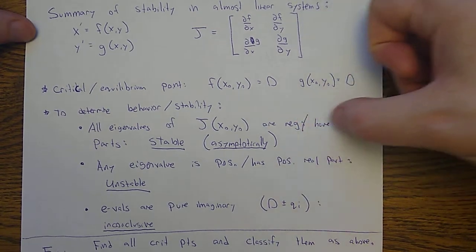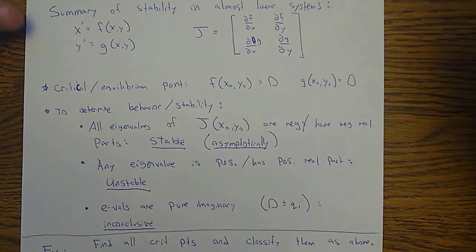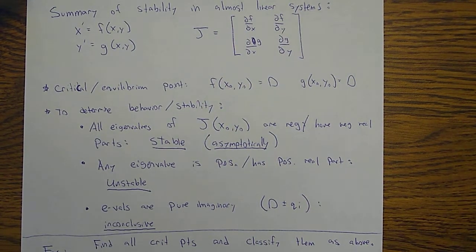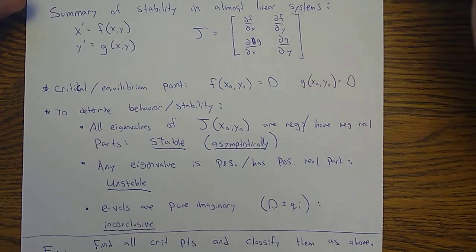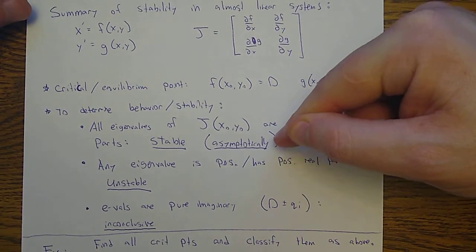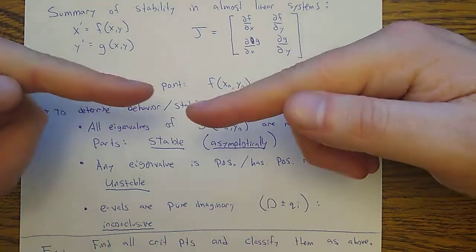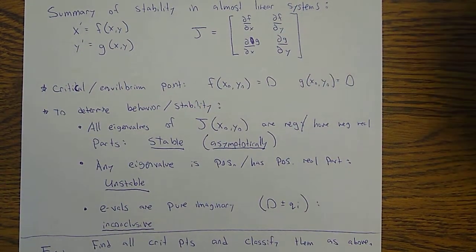If they're all negative or they have negative real parts, then we say the critical point is stable. Also, in that case, it would be asymptotically stable, meaning that the solution is not just circling around and around the critical point. It's actually moving ever toward that critical point.